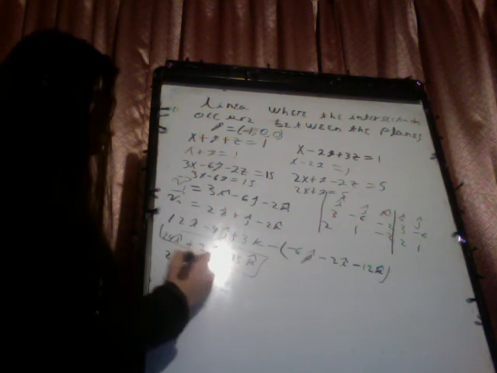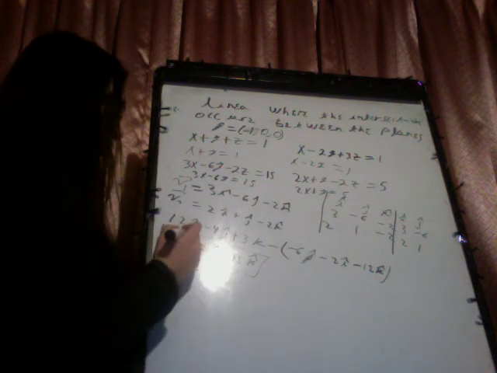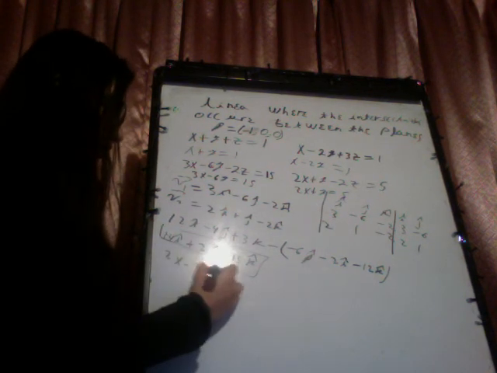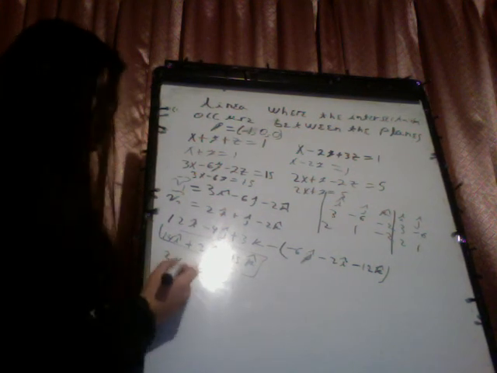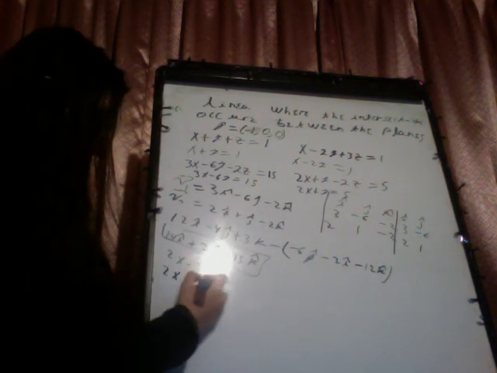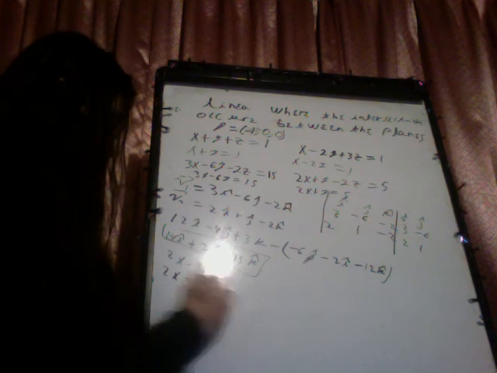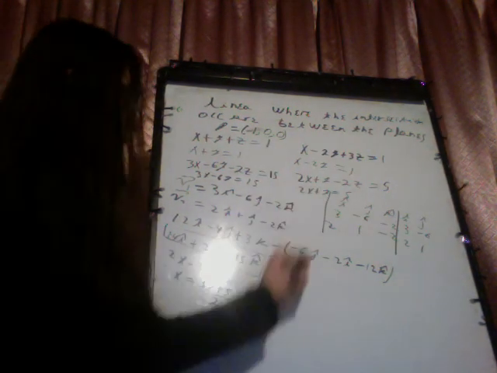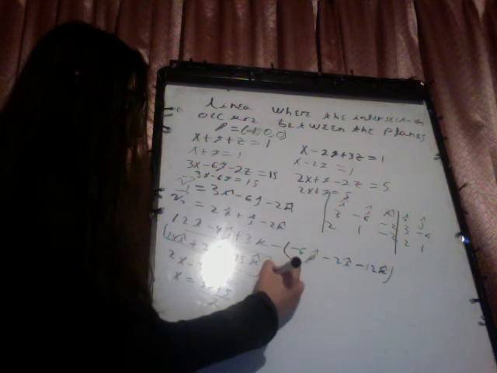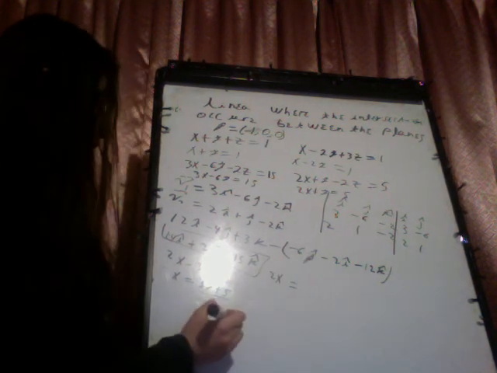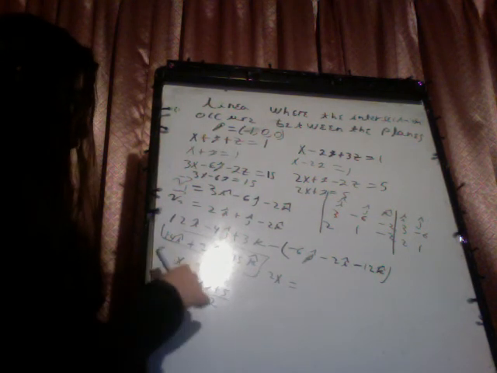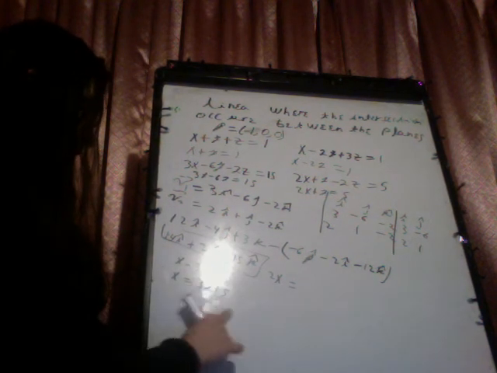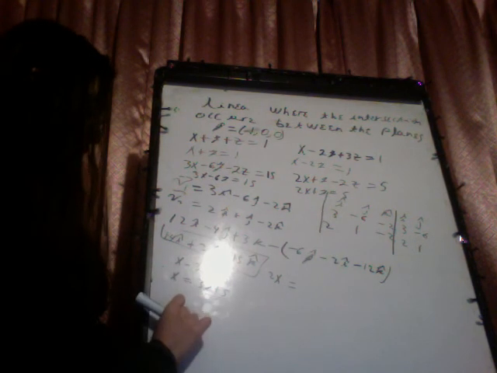So we have x minus 2y equals 5. So x is equal to 2y plus 5. Sorry.